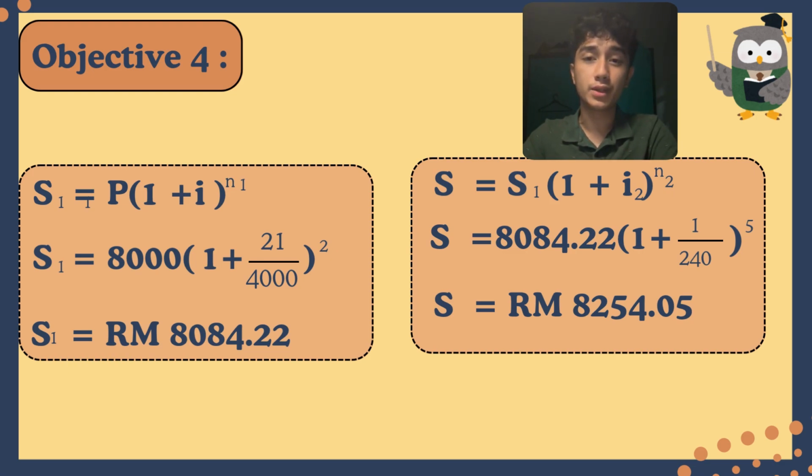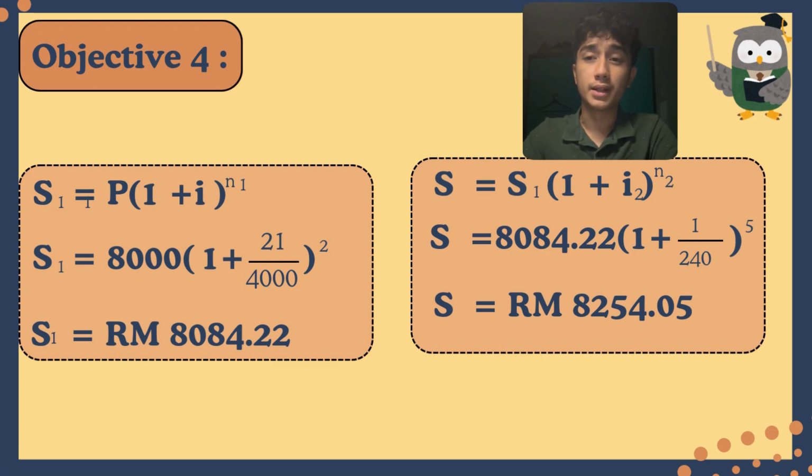So S1 will get the answer, which is RM 8,084.22 cents. So we can use the value in the next formula, which is S equals S1 open bracket 1 plus i2 close bracket to the power of n2.